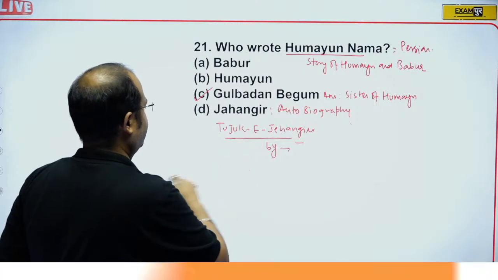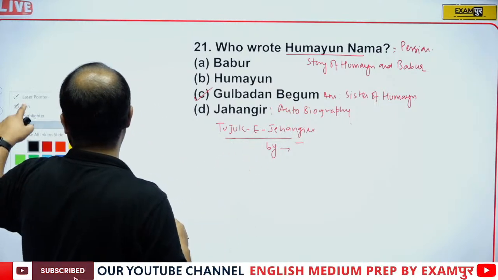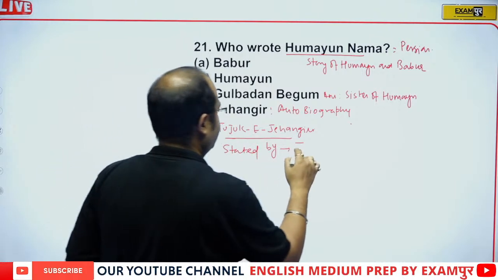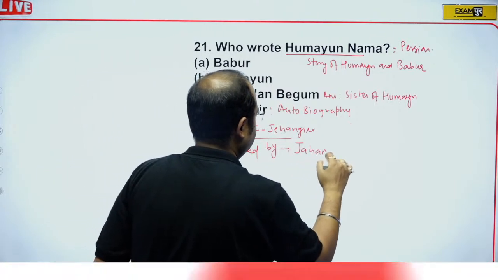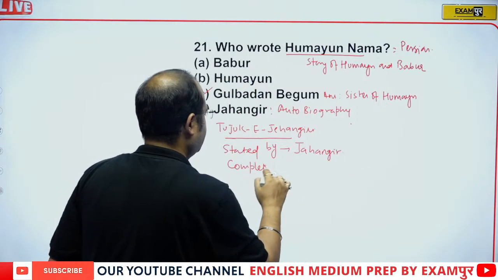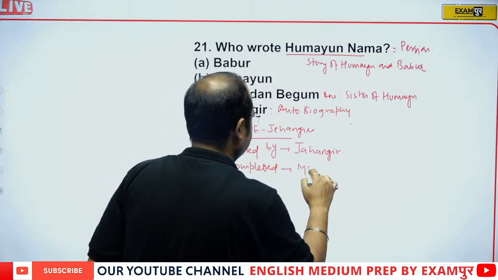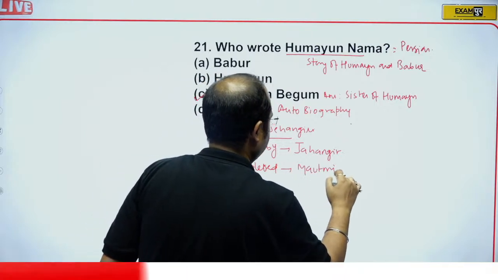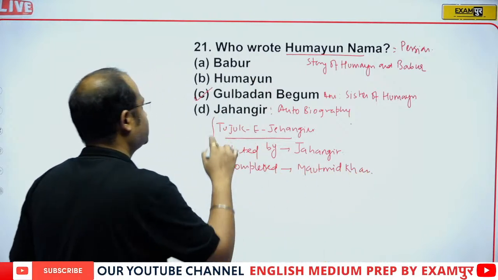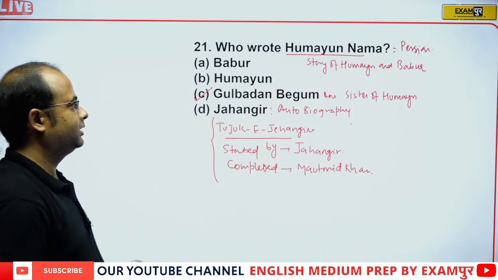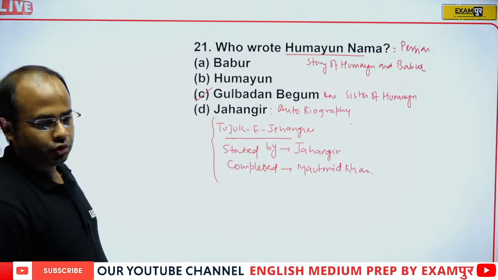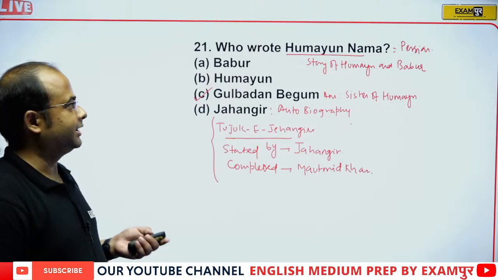Therefore, the correct answer will be, guys, option C, that is Gulbadan Begum. So the correct answer will be option C.